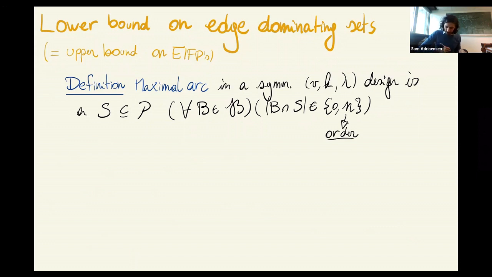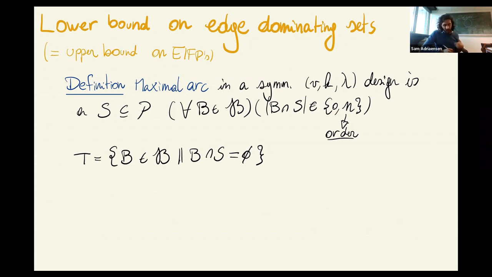An interesting thing about these maximal arcs is you can now look at the set T of all the blocks which intersect your arc in 0 points. So just blocks disjoint to your arc. And then they are a maximal arc in the dual design.